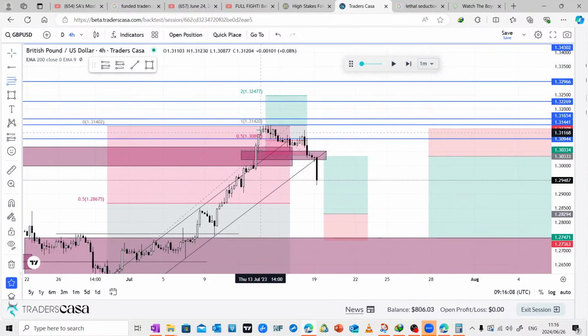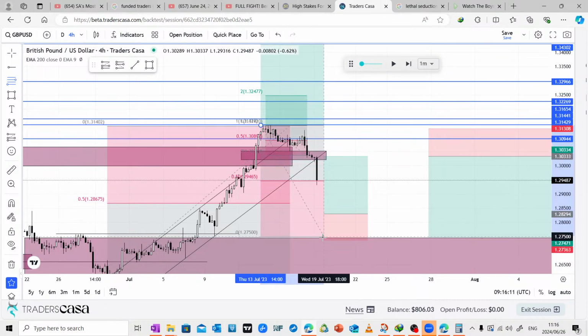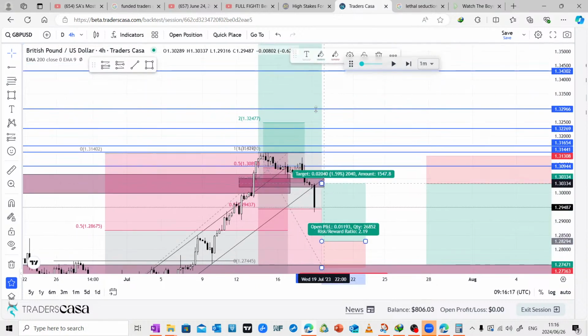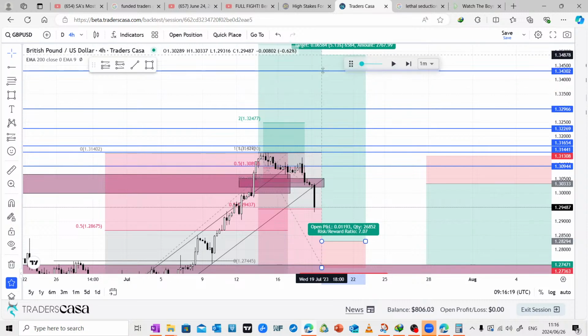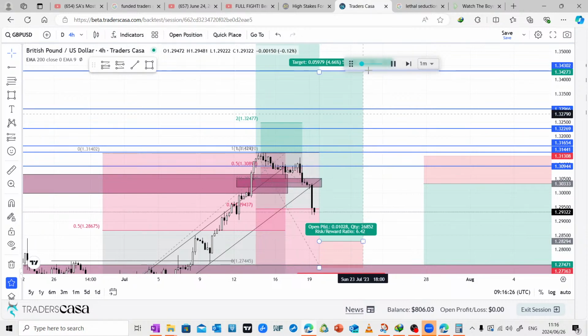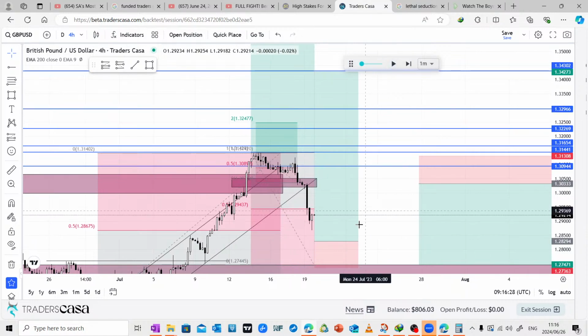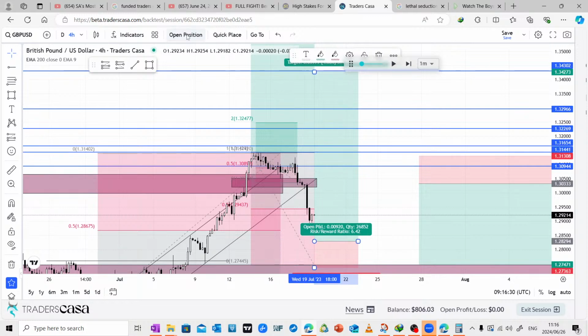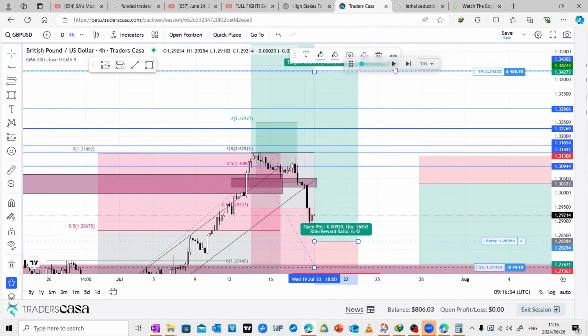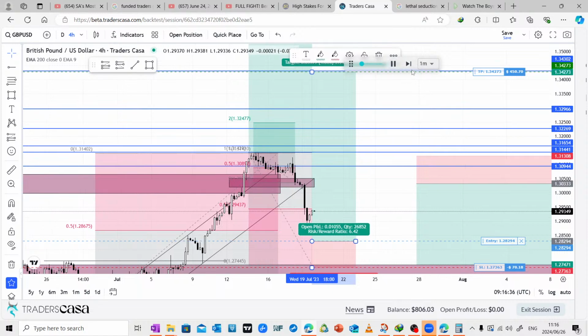So if we are gonna retrace back, boom, somewhere there to capture the highs that are there. Let's play this. Oh, sorry, I have to open the position. Risk 14. Boom, let's go. Place the trade.